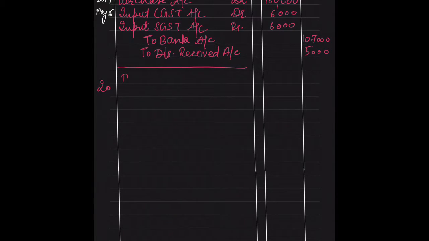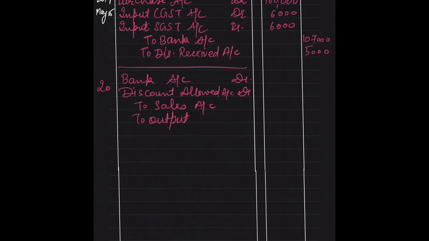Now we are selling and receiving by cheque: bank account debit, discount allowed account debit, because we are selling, to sales account, to output CGST account, to output SGST account. In the case of a sale, we know that output is used and credited in the entry.